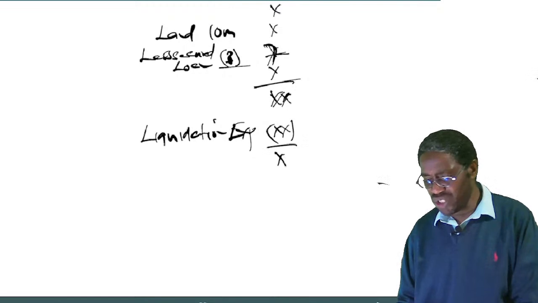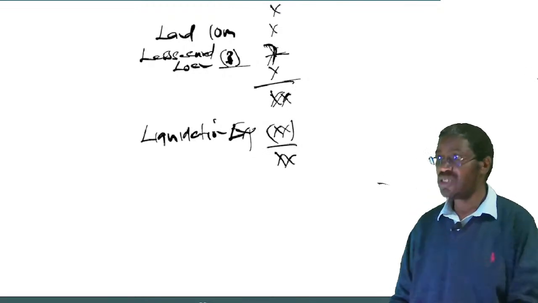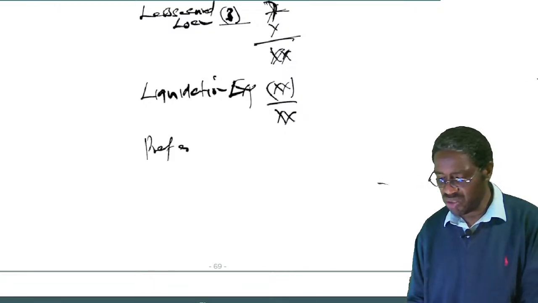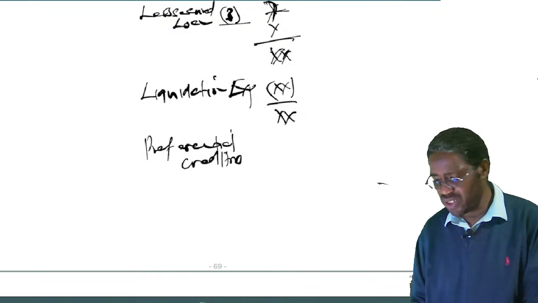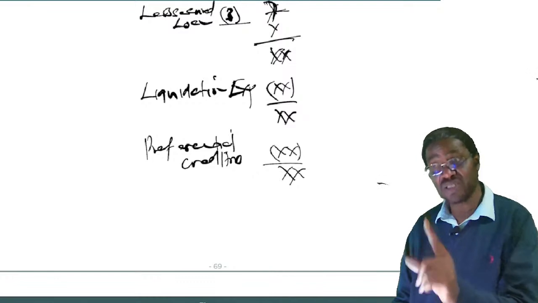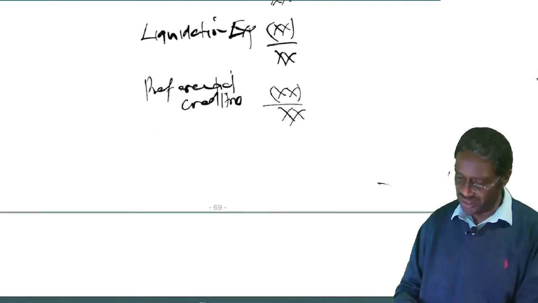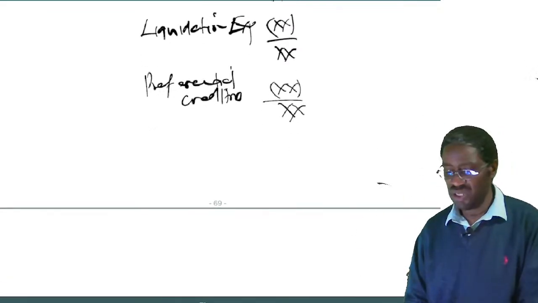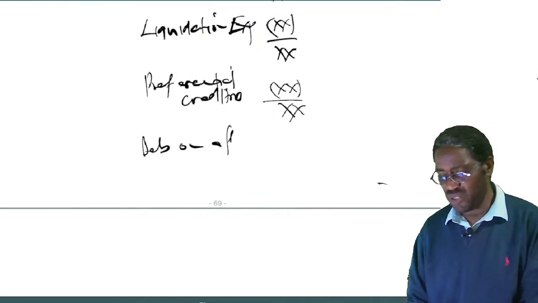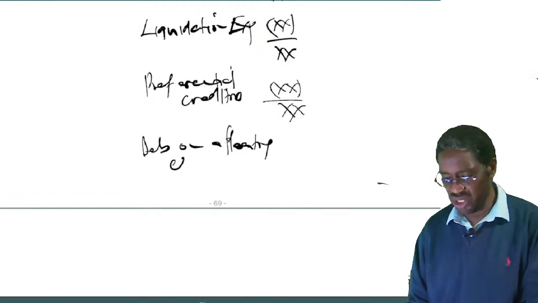After you pay the liquidation expenses and money is still remaining, then you normally pay what we call preferential creditors. Once you pay the preferential creditors and money is still remaining, you normally pay next, in order of priority, what we call debentures on a floating charge.